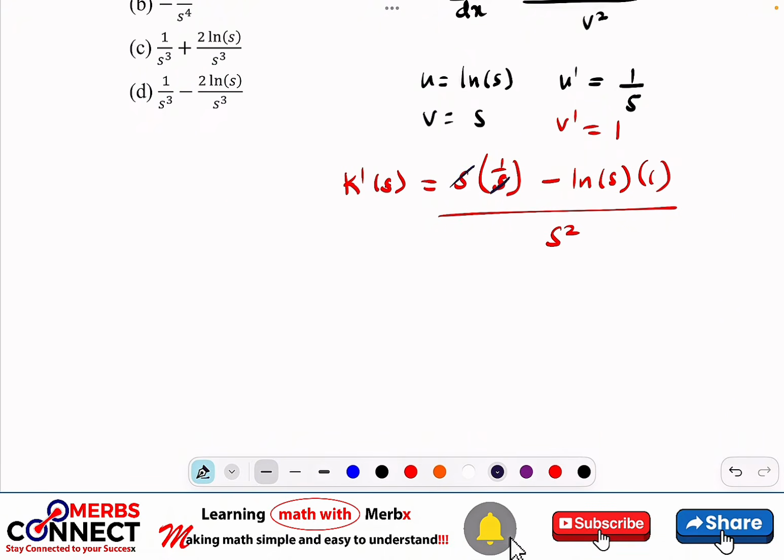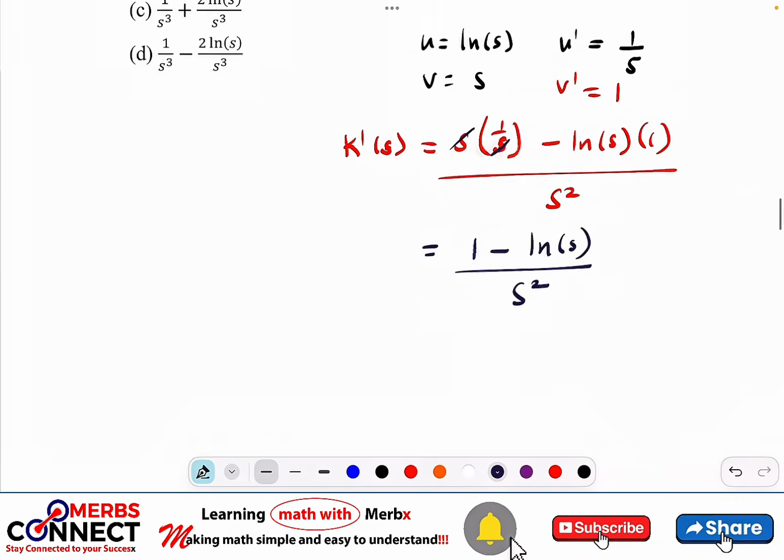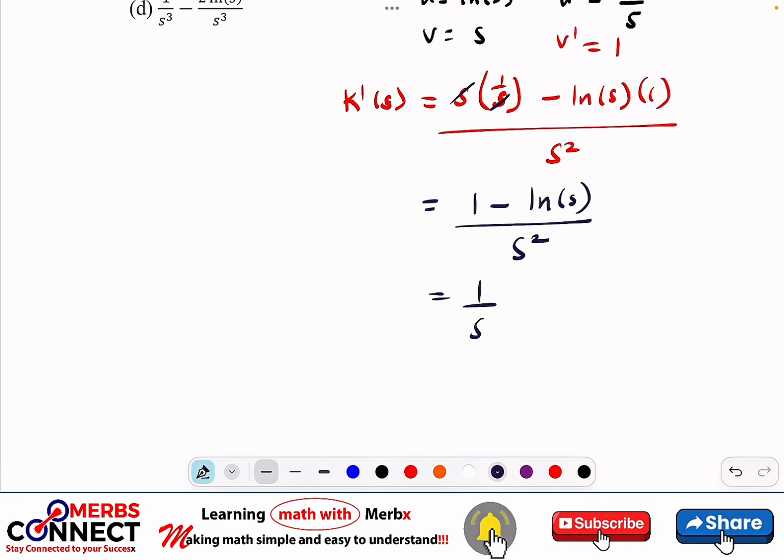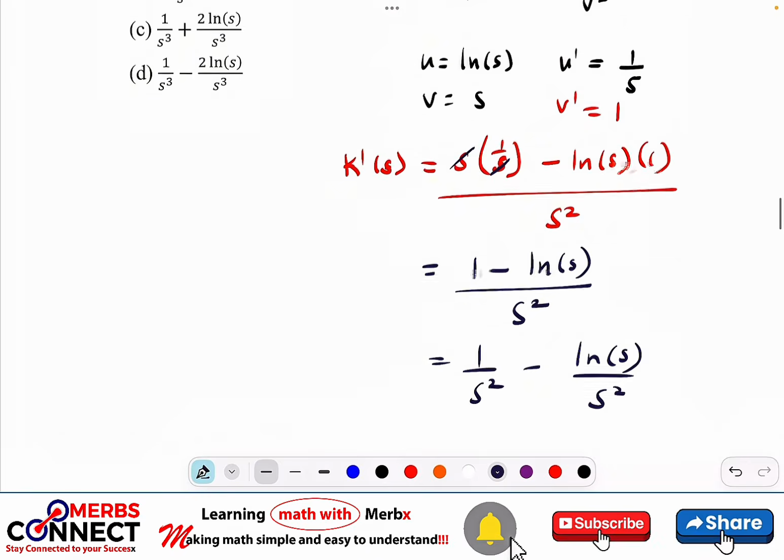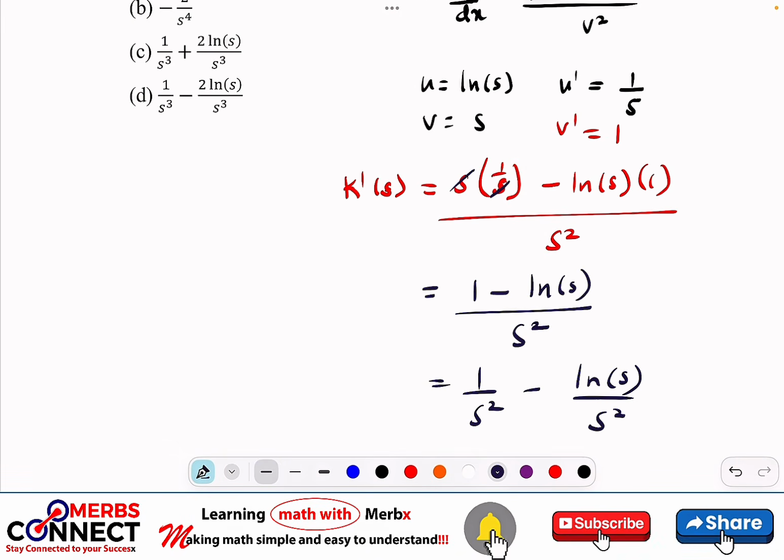So we can cancel this and this and have 1 minus this divided by x squared. I think it's separated, so we can write this one as 1 over x squared minus ln x over x squared. Okay, so no option, right? No option here. No option here.